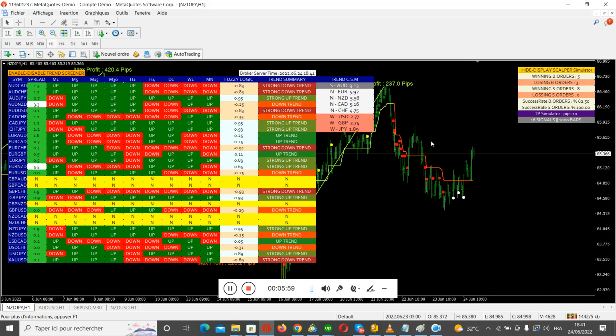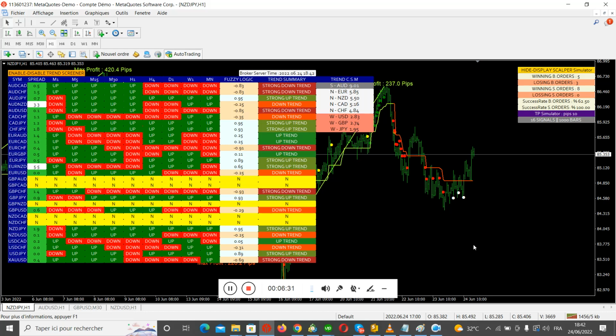That means the New Zealand dollar is losing momentum against GPY. As you can see, there are many reversal dots here that indicate potential of trend reversal, and that's what happened after those reversals.